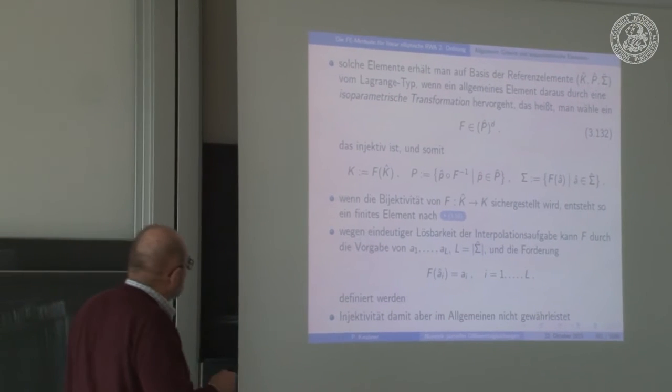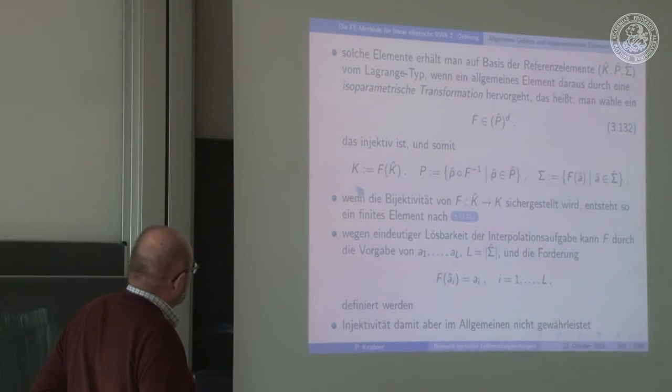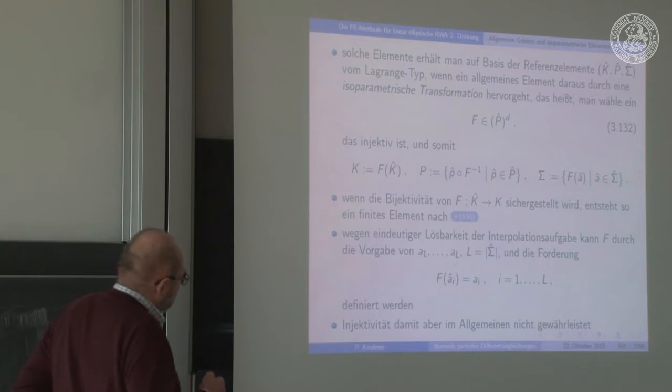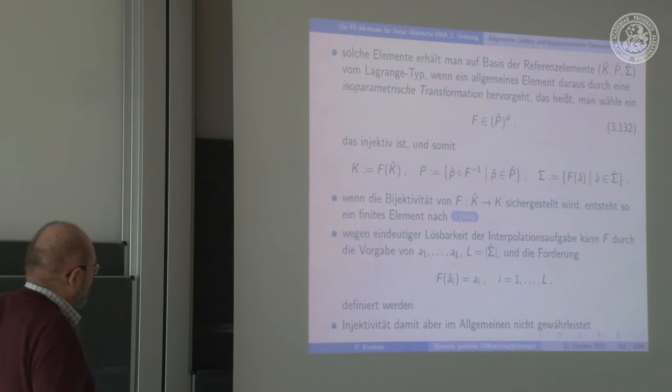In principle, all kinds of strange shapes are possible, and of course it also means that points here may appear as images of several points here. So this makes this a little bit more complicated.